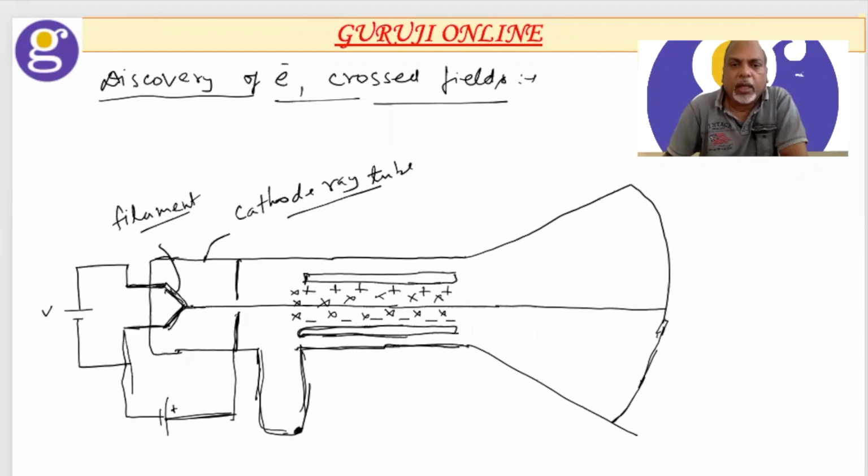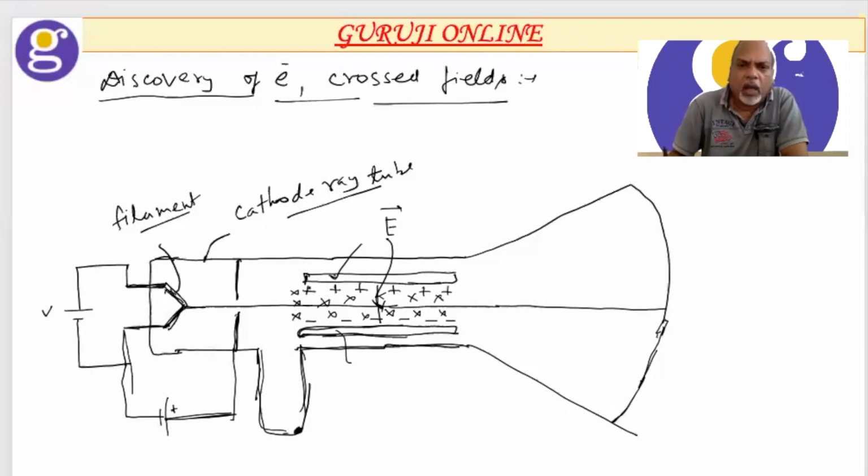This electron beam is now passing through two plates. This plate has positive charge, and this has negative charge. So naturally there will be an electric field like this, inside these plates.